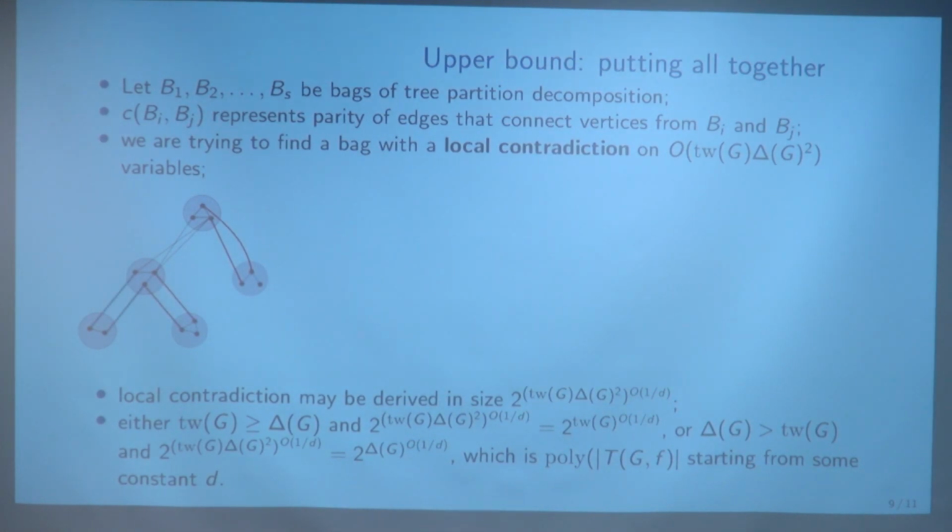We cut the leaves, and we are going up to the root of this tree, and then in the end we locate the contradiction in the root of this tree. So all this contradiction may be derived efficiently, and then either tree partition width of G is greater than delta of G, and then this is our desired bound. Or delta of G is greater than tree partition width of G, and then this is polynomial of the size of the formula starting from some constant d.